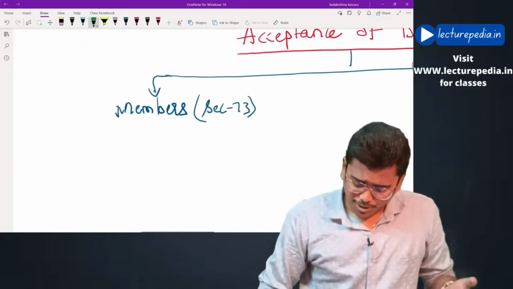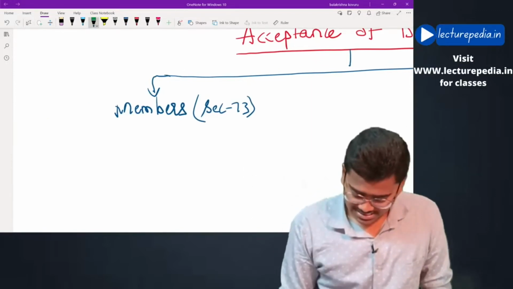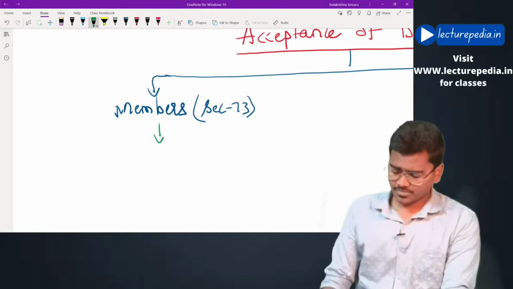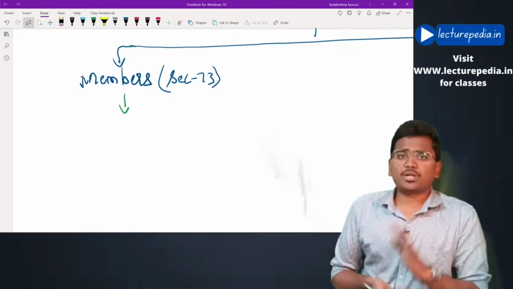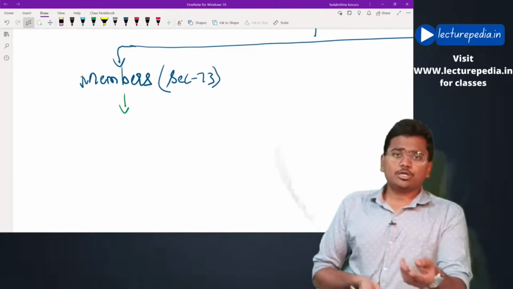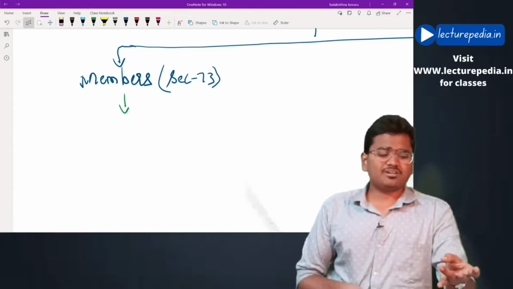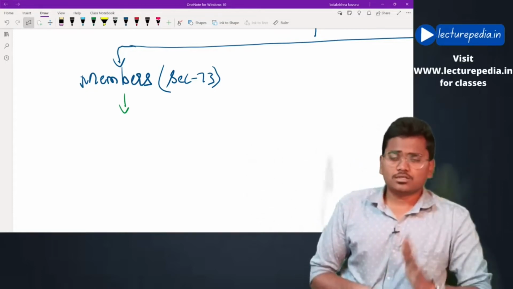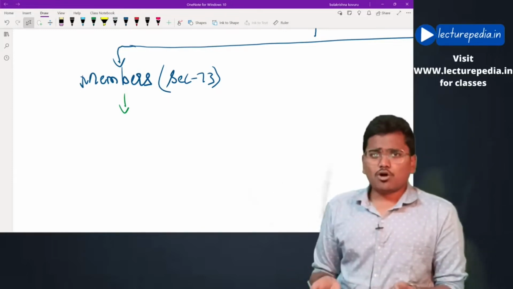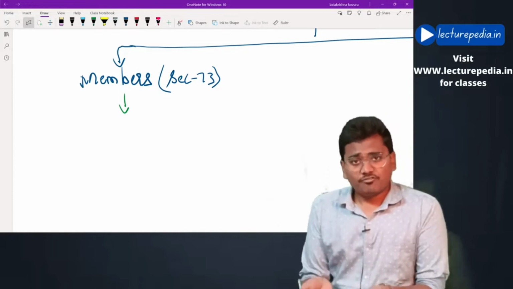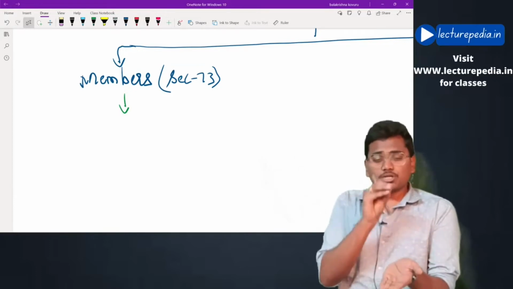And deposits from members. See, raising deposits from members is not riskier, because members means our shareholders only. Let's say there is a small private limited company, incorporated by some family members only: wife, husband and daughter. Now they want to raise deposits from members, that means from themselves only.